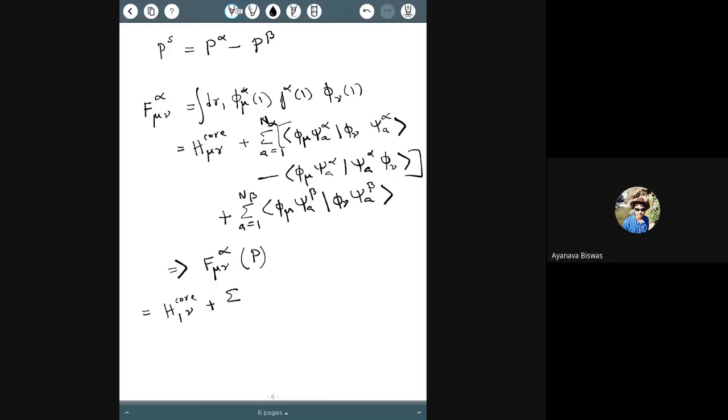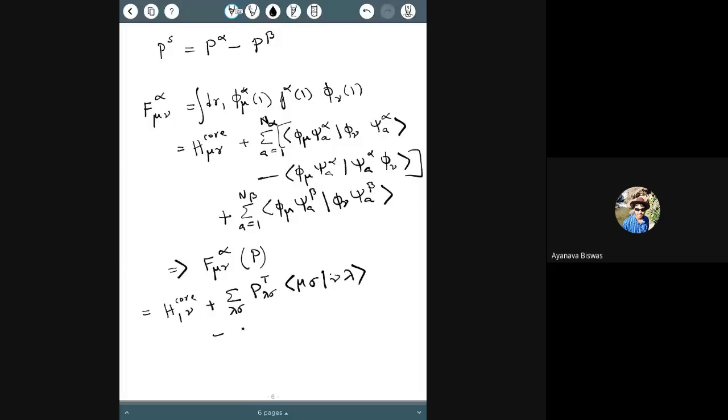H core mu nu plus a double sum over basis functions of a total density with an integral over basis functions, minus a sum over lambda sigma P lambda sigma alpha, and then an integral.